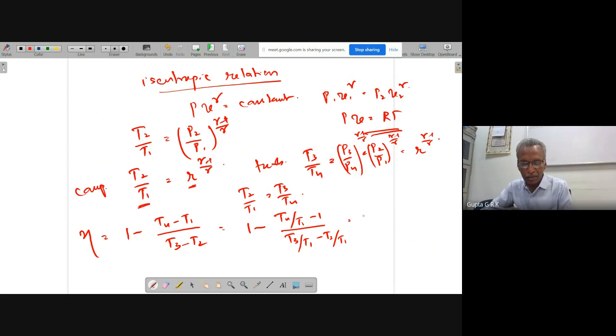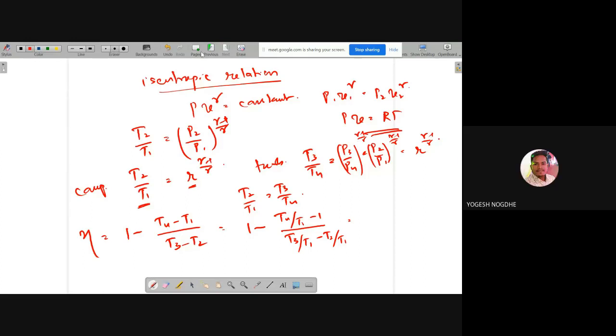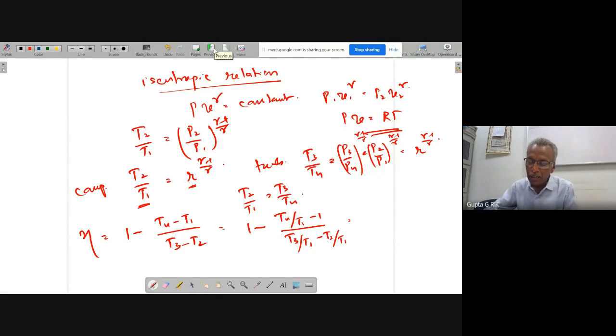Numerator, what I'll do is take T1 common, so I will write it as T4 by T1 minus 1.